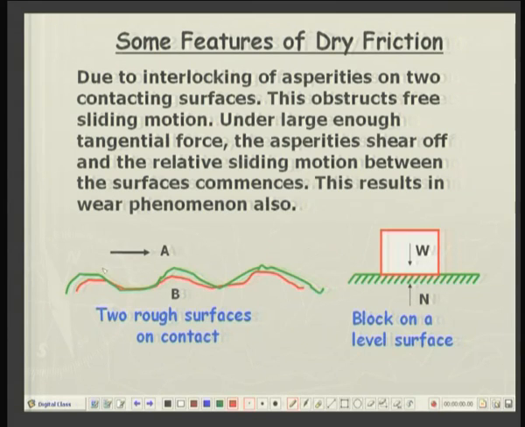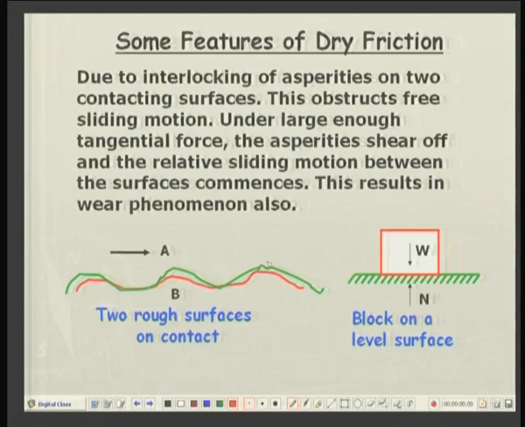Now, due to this roughness there are asperities, the undulations, and these asperities interlock with each other. If the surface is absolutely plain, there are no undulations, then there are no asperities, but in the general case there will be some asperities, large or small.